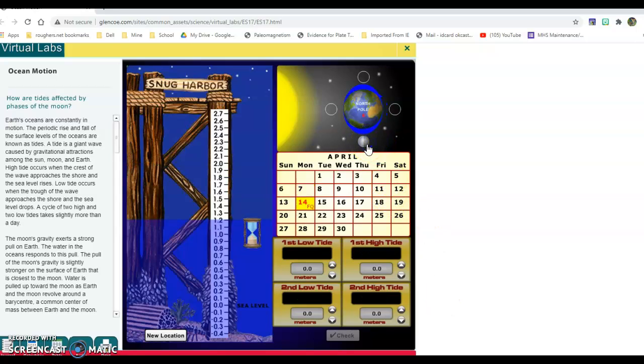That was new moon. I am now at first quarter moon. Okay. This is at 1.5.